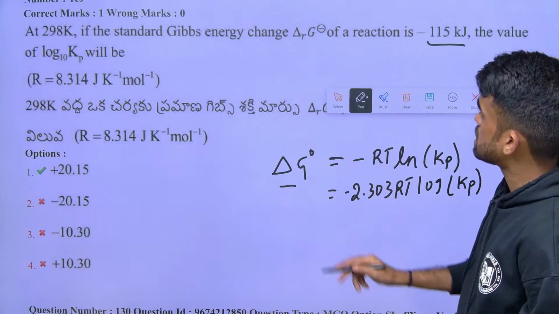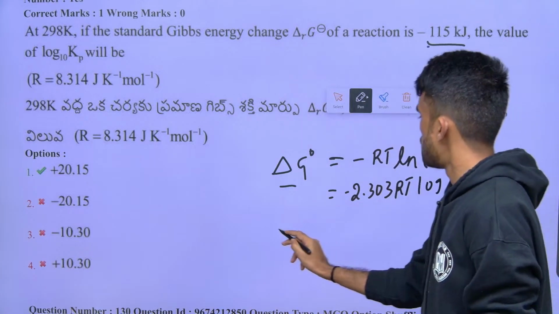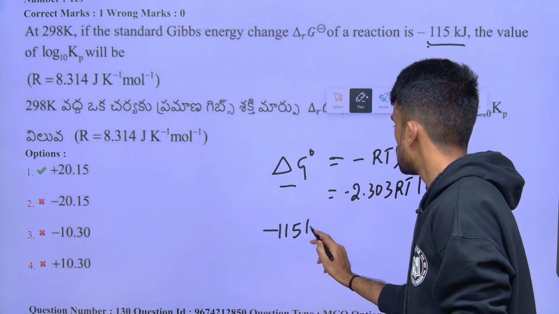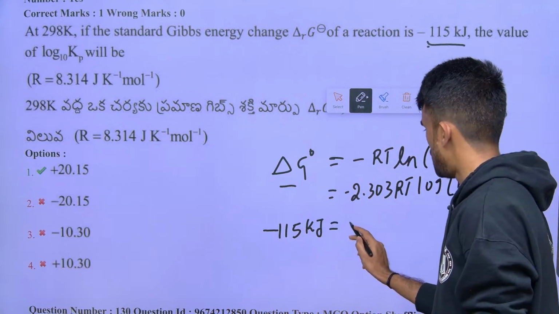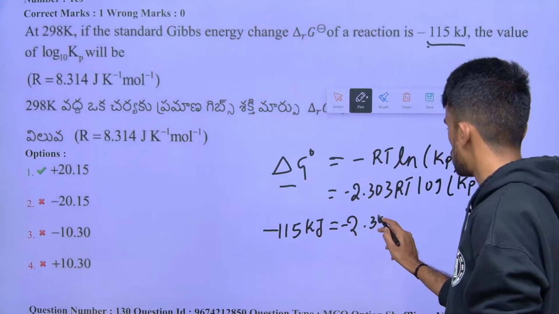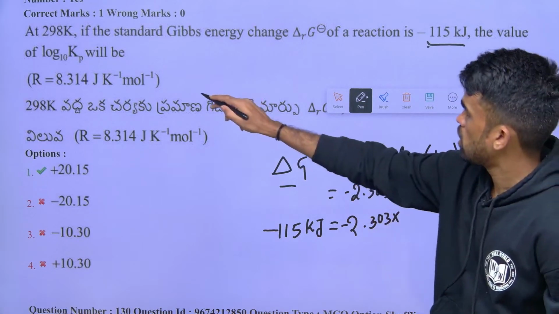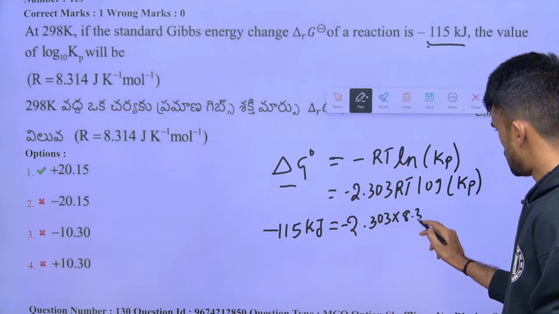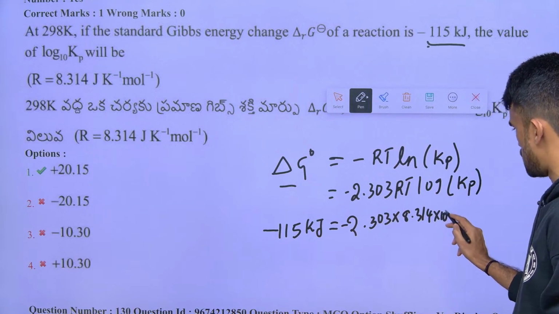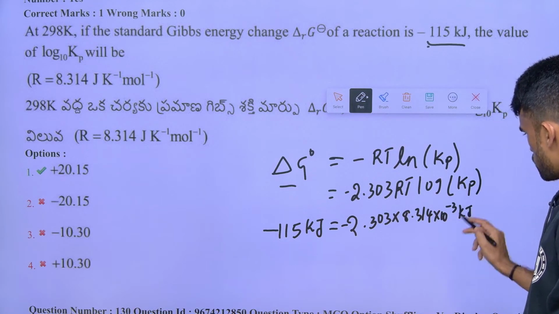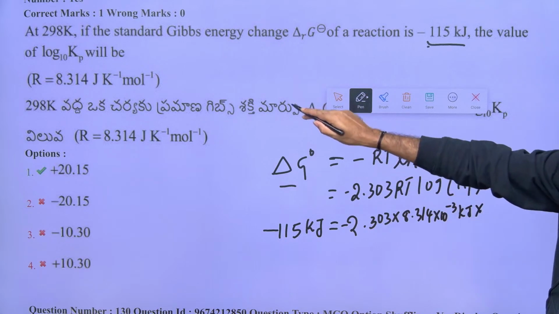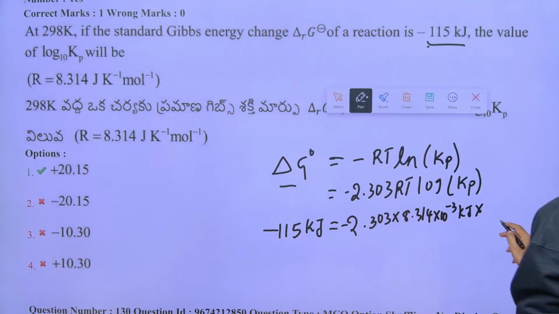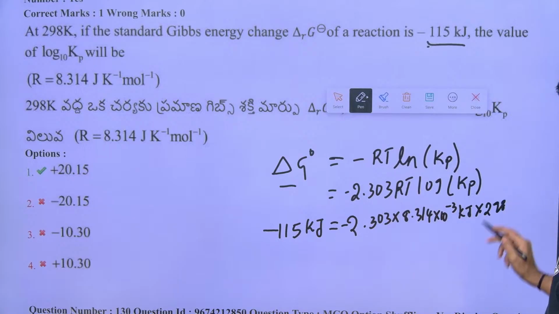Now, what is the delta G naught value they mentioned? Minus 115 kilojoules, which equals minus 2.303, R value is also mentioned, 8.314 into 10 power minus 3 kilojoules. Next, the temperature is mentioned as 298 Kelvin, into log Kp.